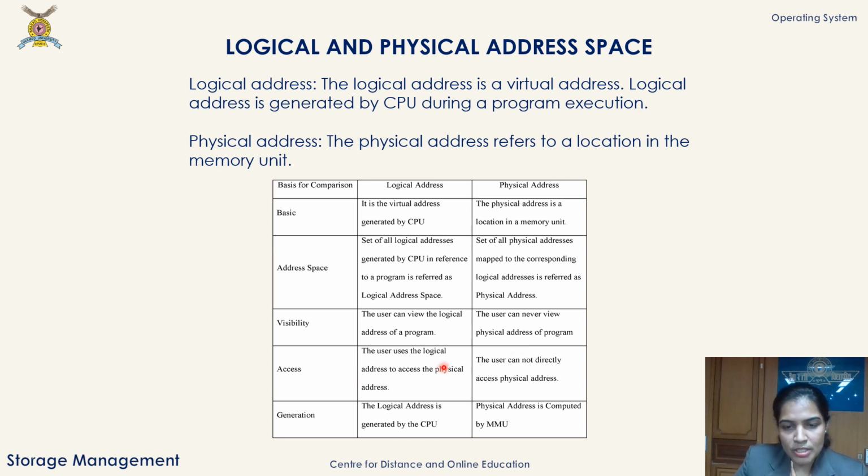Access: the user uses the logical address to access the physical address; the user cannot directly access the physical address. Who generates them? The logical address is generated by the CPU, and the physical address is not generated, it is computed or converted by the hardware called the memory management unit, MMU.